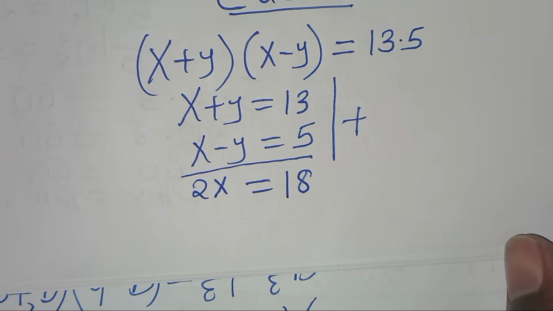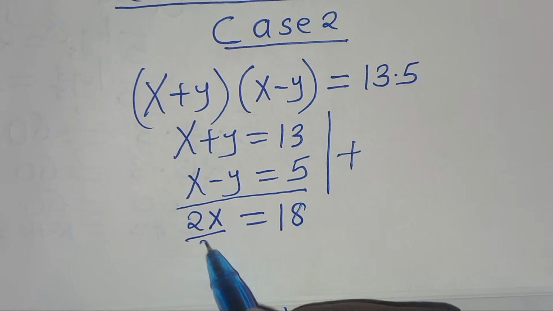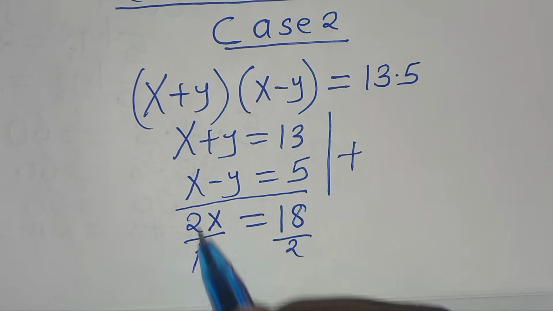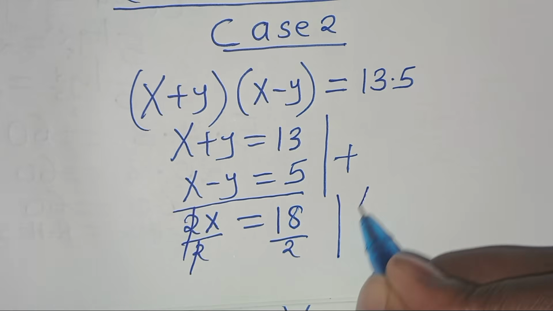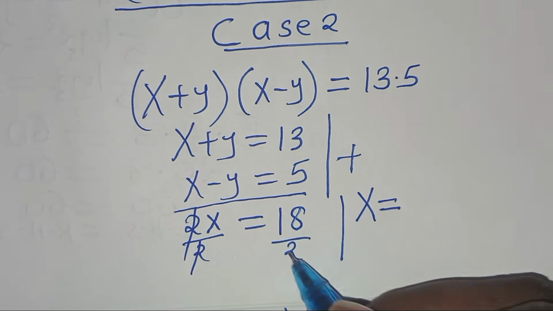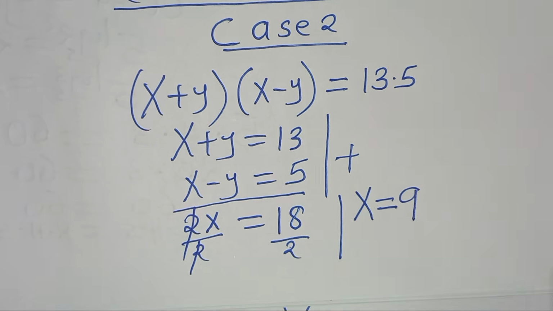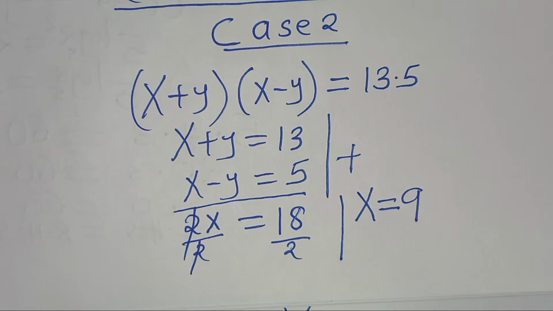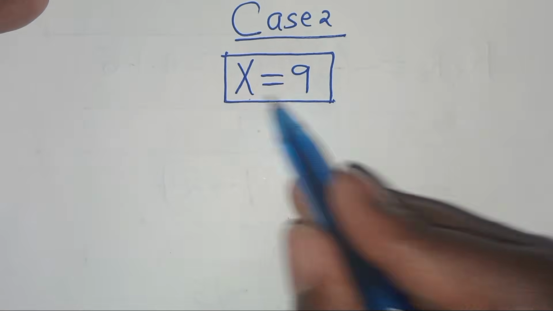So we divide both sides by 2, and this means that x is equal to 18 divided by 2, which is 9.